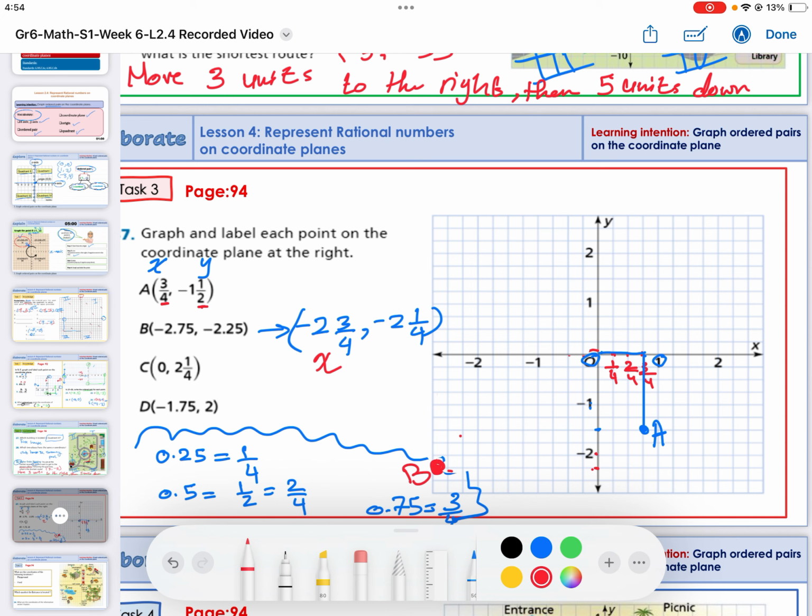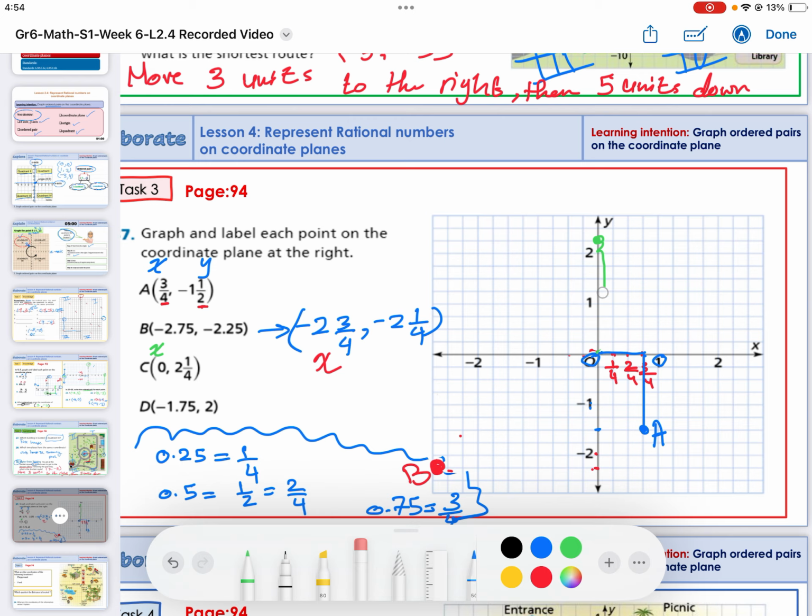Okay, let's move on. We have C, 0 and 2 and 1 quarter. As you can see, 0, that means the x is 0. You haven't moved anywhere on the x-axis. You did not move to the right or to the left. Directly, what did you do, you guys? You jumped to 2 and 1 quarter. So let's jump. That's 1. That's 2. And I want 1 quarter. That will be my point. Okay?